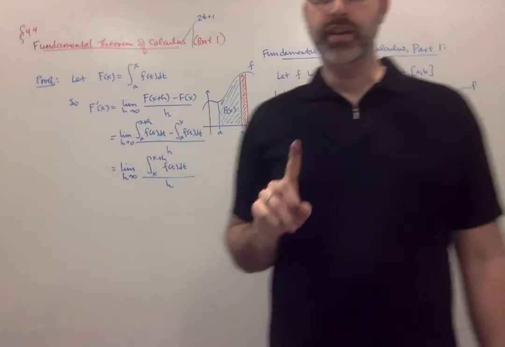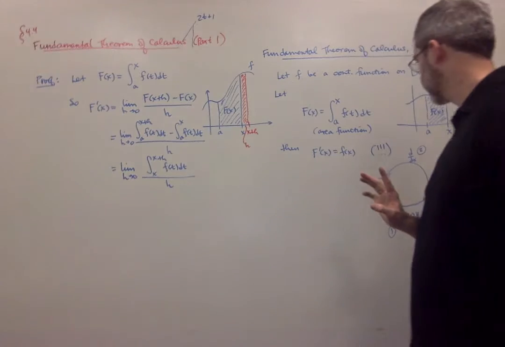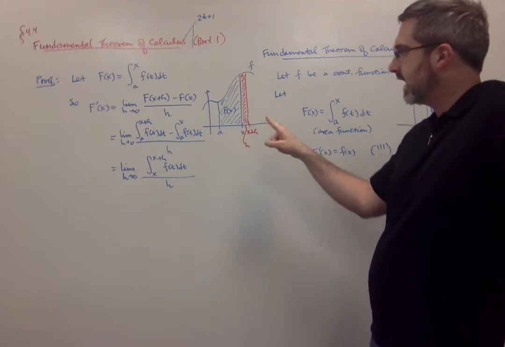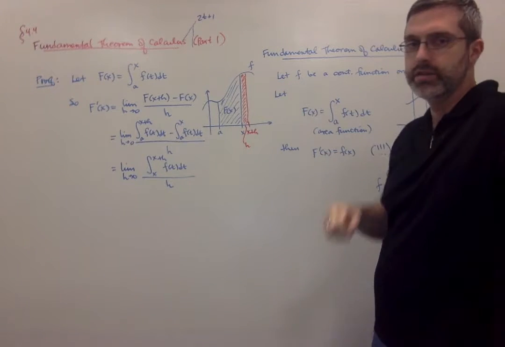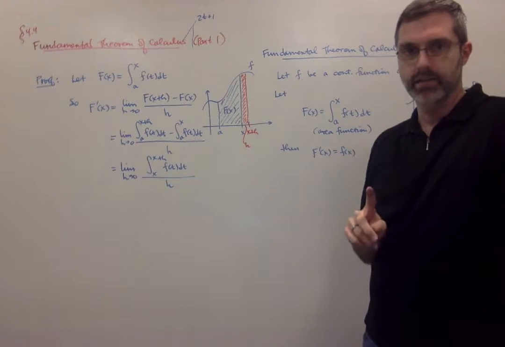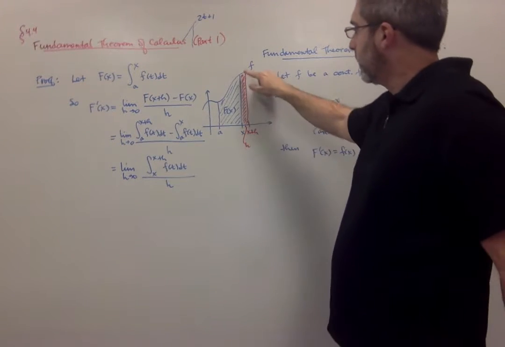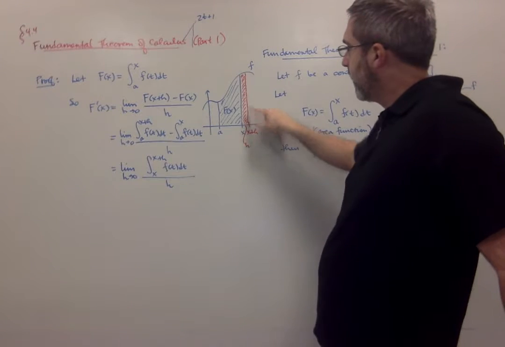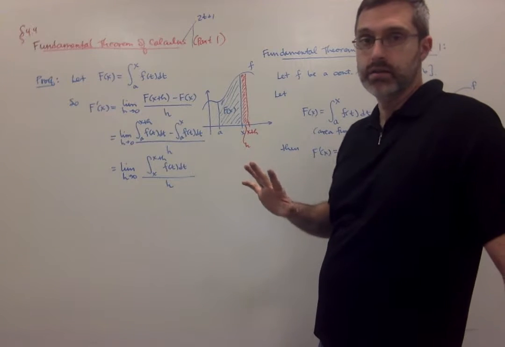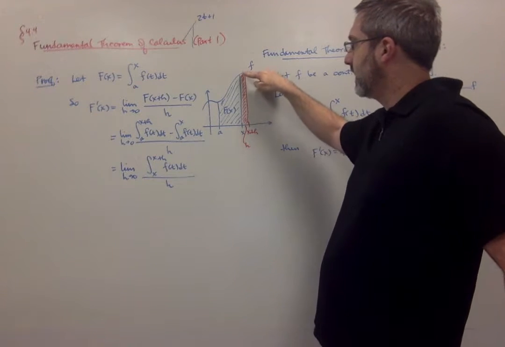Now I want you to think, what's our goal? We want this derivative to equal what? We want it to equal f. But the thing I want you to realize, you can actually kind of see that's coming geometrically because we have an area that's almost like a rectangle. It's not quite a rectangle, but it's close. It's an area. And if we take the area and divide by the width, if it were a rectangle, we would actually get the height.